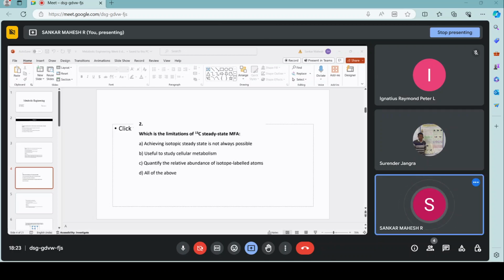One minute. So we can start with option A. You can first say if you think how steady state can be achieved and whether that is the reason why it is not possible, or if it is possible for 13C MFA. We can start with that and then we can see if Ignatius can answer for any of the other options.